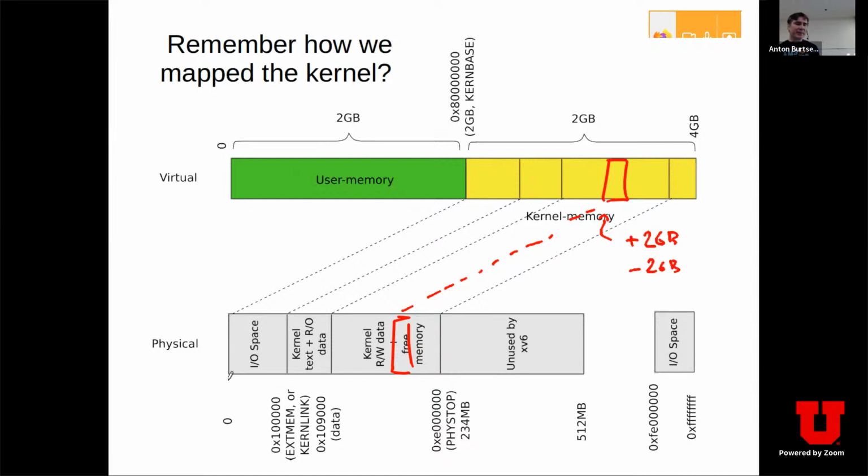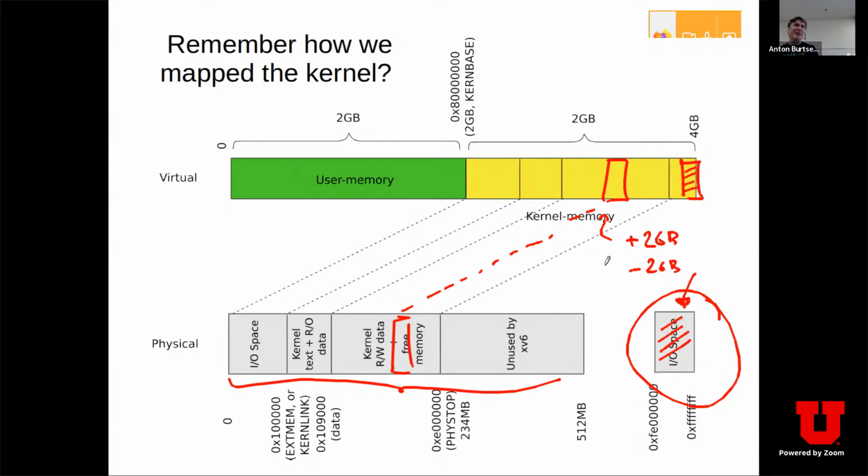It only works for this region because only this region is mapped with this 2 GB shift. A good question is what happens to this region? It's not mapped with a shift. It's kind of a screw up. I mean, if you are unlucky and you really have to develop a device driver and you have to convert between these physical and virtual addresses, landing here at the very top of your address space, then you have to do something else.